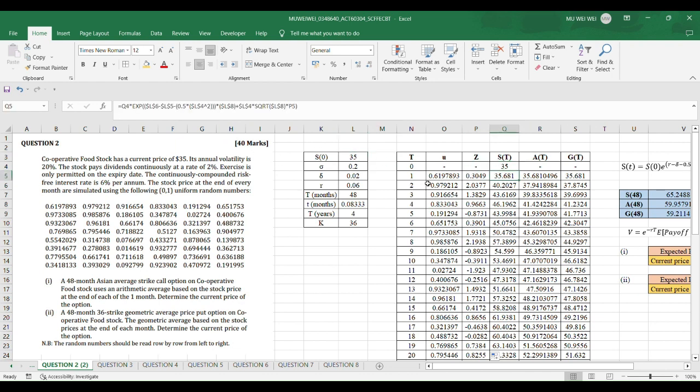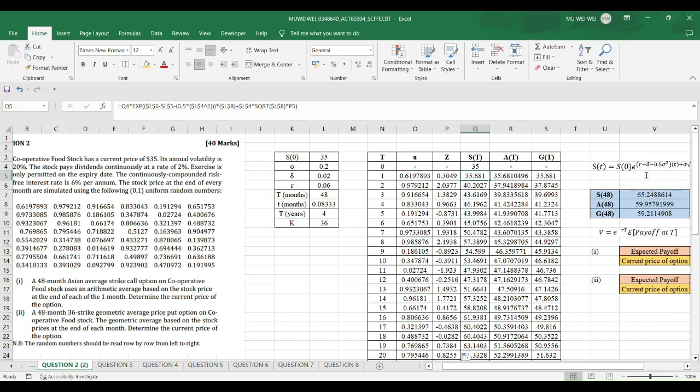But when t equals 1, it is going to follow this equation right here: S0 times the exponential of (r minus delta minus 0.5 times sigma squared) times small t plus sigma times the square root of small t times the corresponding z-score.